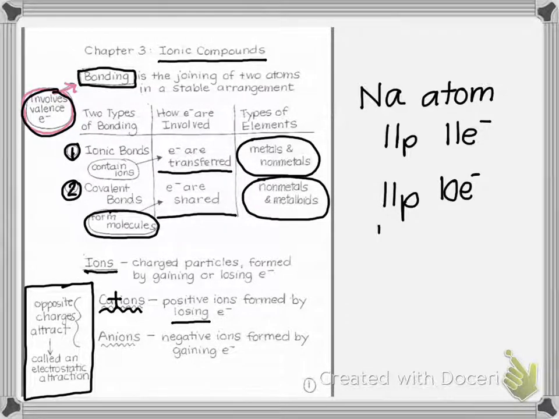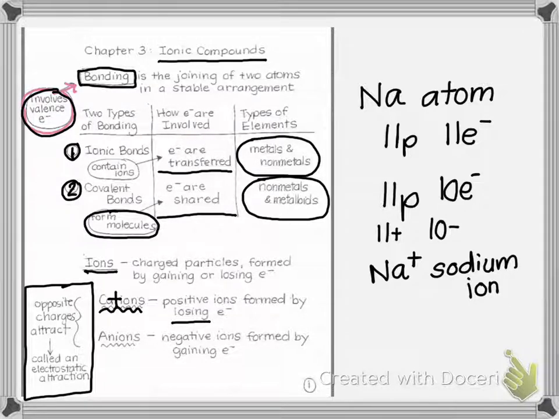So think about it: I have 11 positives and 10 negatives. If I added those two together, I would have an extra positive. And so this becomes a sodium ion. Now because there's a 1 positive, I write Na+.